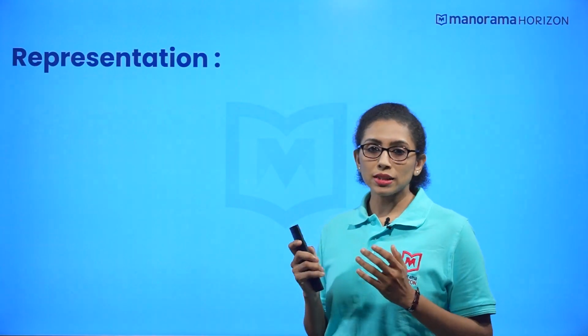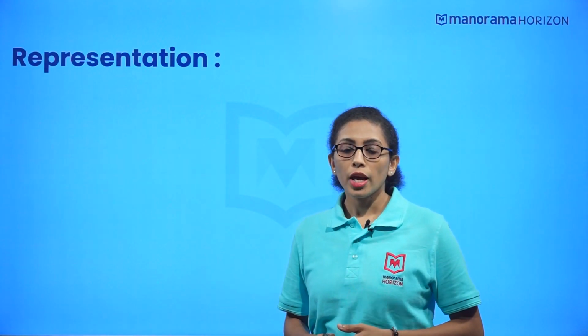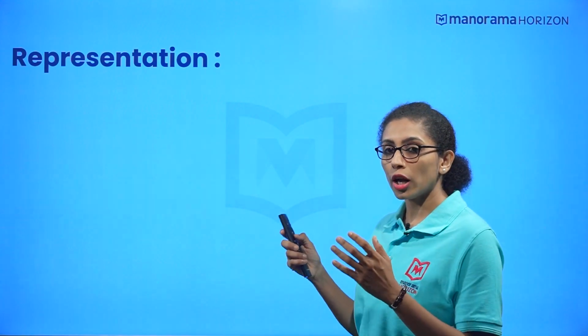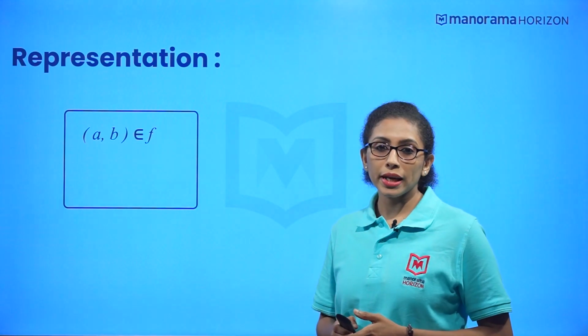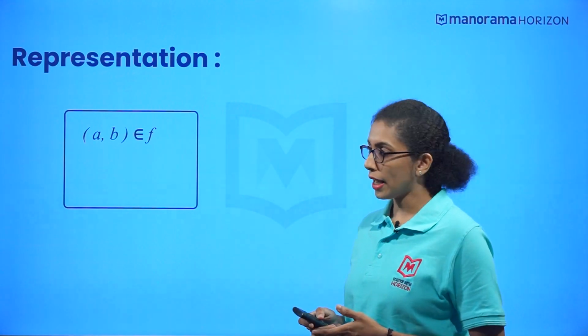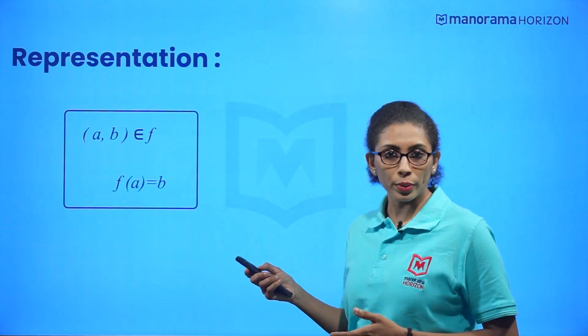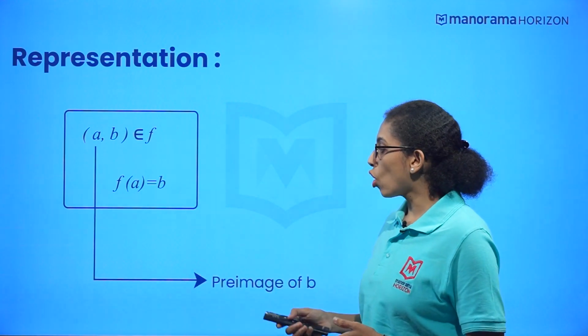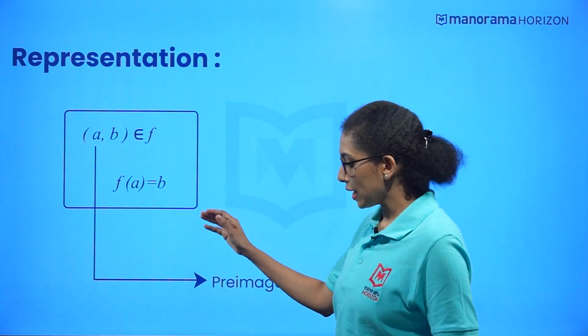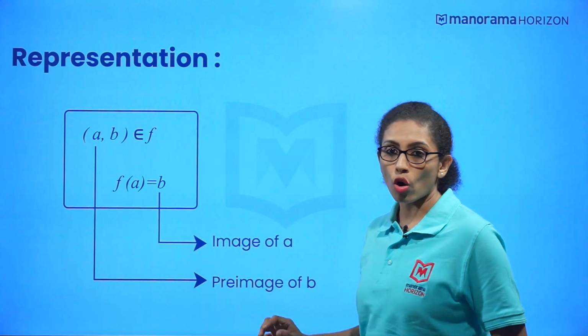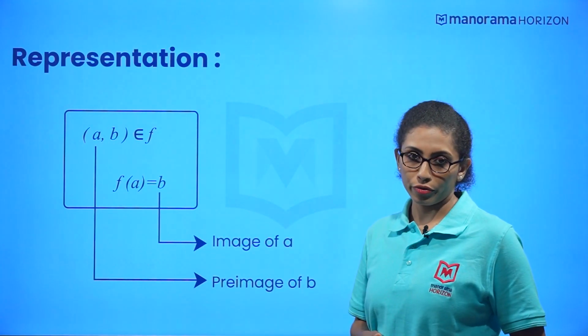Let's see the mathematical representation. If f is a function from set A to set B and (a, b) is an element of f, then f of a is equal to b, where a is called the pre-image of b and b is called the image of a under f.